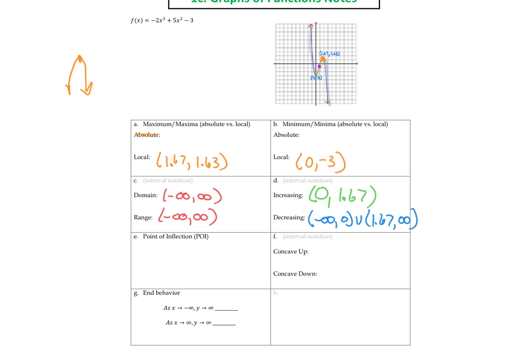But the quick way to do this would be that I take my maxes and my mins. So 0 is the x-coordinate, and 1.67 is the x-coordinate of the max. I divide it by 2, and this gives me 0.83. Let me get that written right.